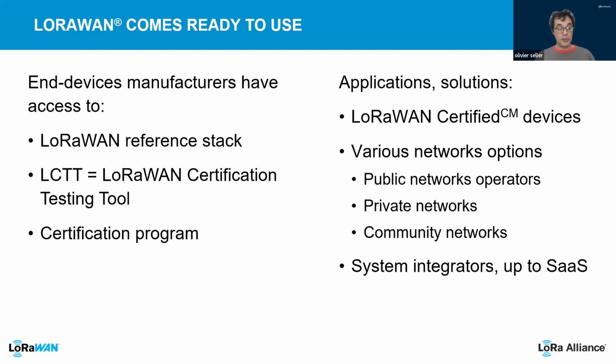And there is a specific certification testing tool that we call the LCTT, which is essentially a network emulator that checks that everything works on the end device side. So you take the reference stack, you modify things you need to modify because you need to run an application on top of it, and then you verify with the LCTT that your device is going to be certified.